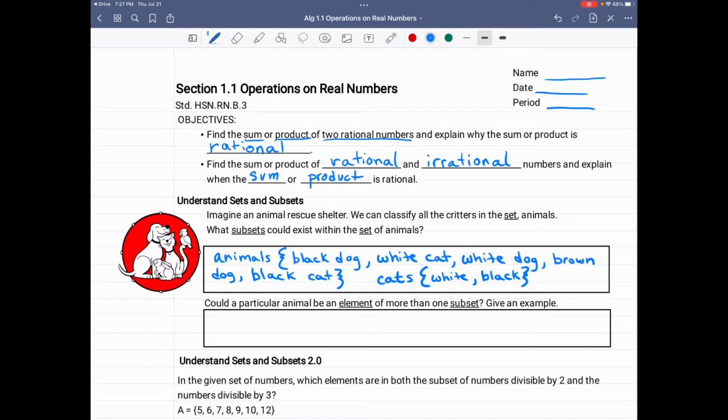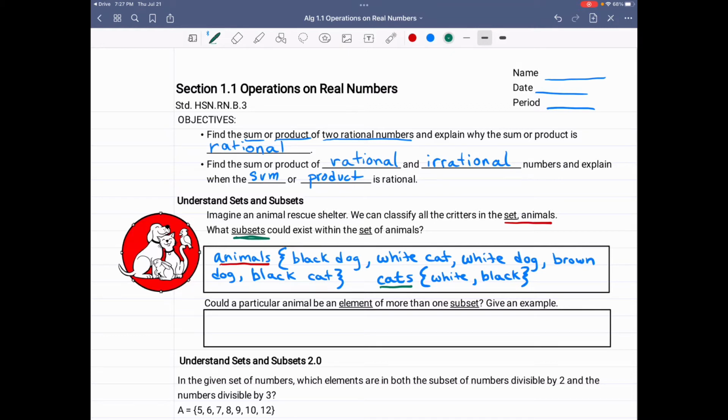Or you could have a subset called black animals. And within that, you would have a black dog, a black cat. So there's many things that you can do with a set and a subset. So the animals is the set, and the cats would be a subset.